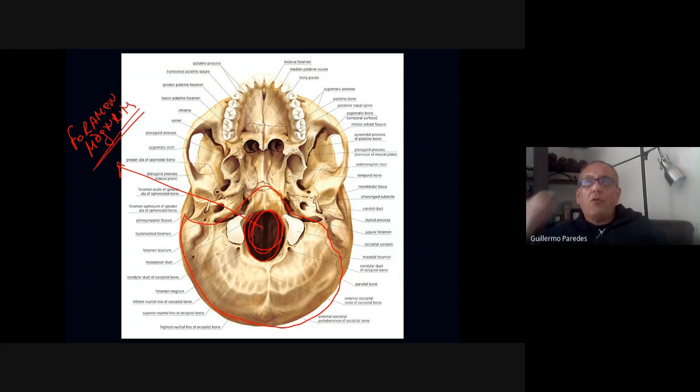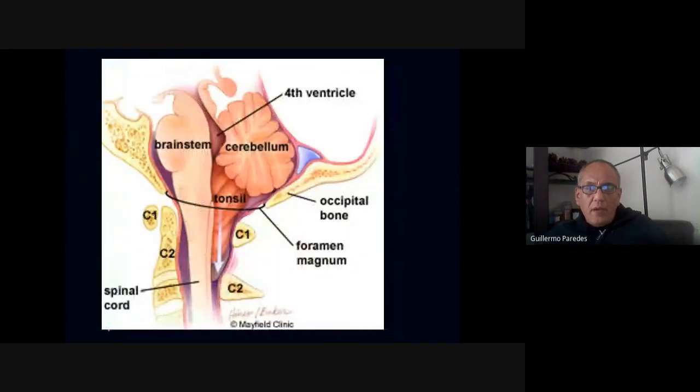Foramen magnum. Inside, the spinal cord has a continuity. If you put your finger in, what is inside is the medulla oblongata, and what is below that is called the medulla or spinal cord. There you are. This ring is the foramen magnum. This is bone, bone, bone.